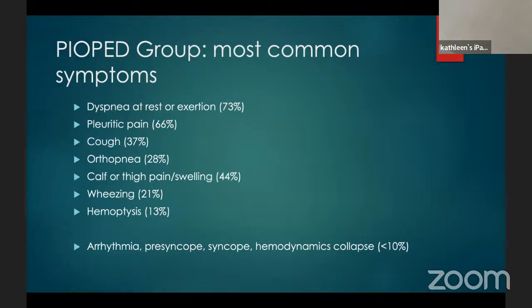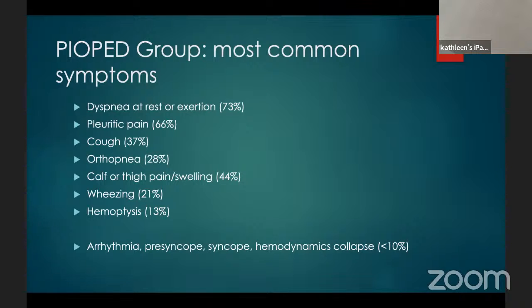So the PIOPED group, PIOPED stands for the Prospective Investigation of Pulmonary Embolism Diagnosis. This is a series of 3 multi-center studies. PIOPED 1 went from 1983 to 1989 to evaluate the sensitivity and specificity of ventilation perfusion versus CTA.